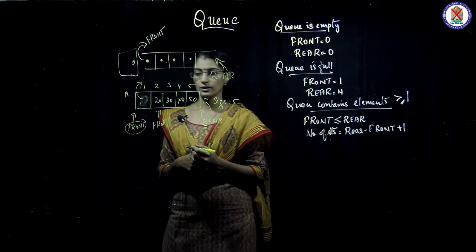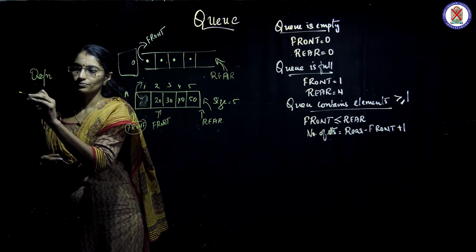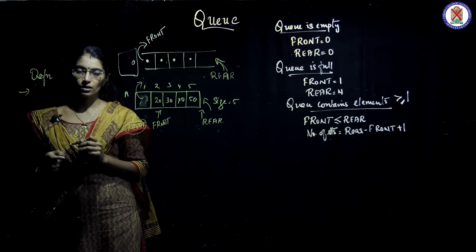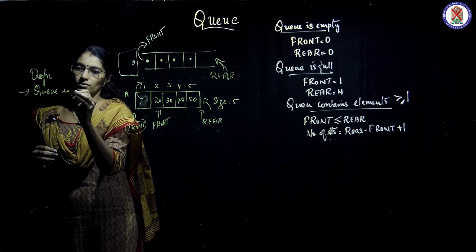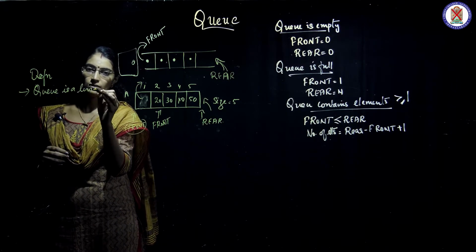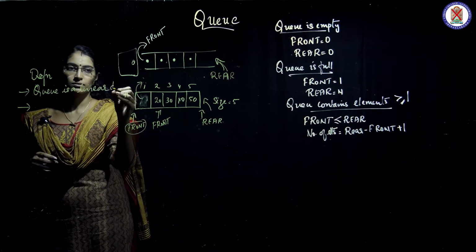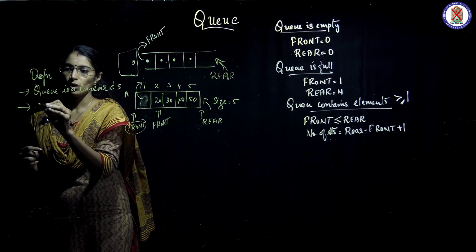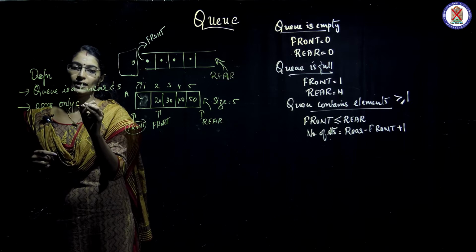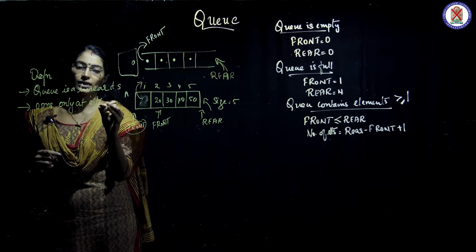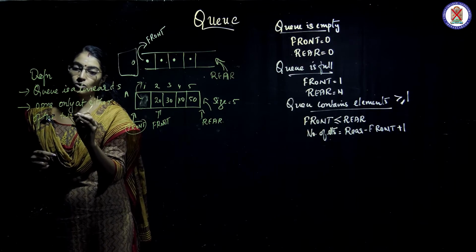So how can we define a queue? Queue is a data structure, a linear data structure. Queue is a linear data structure like array and stack and linked list. And operations happen only at either of the two ends.